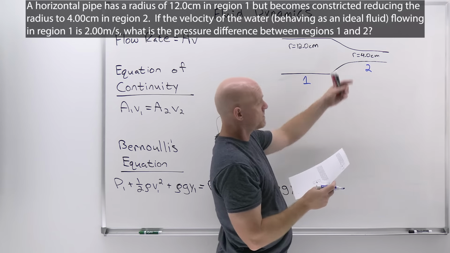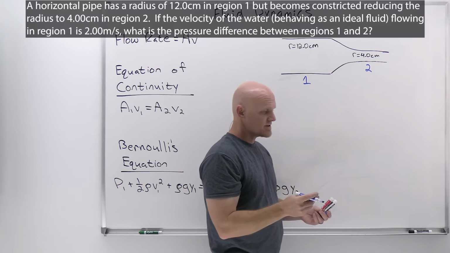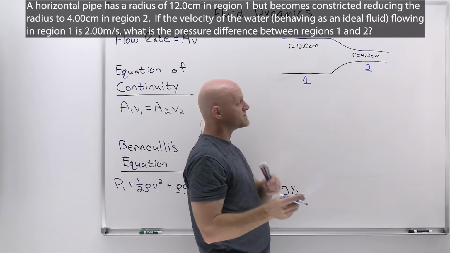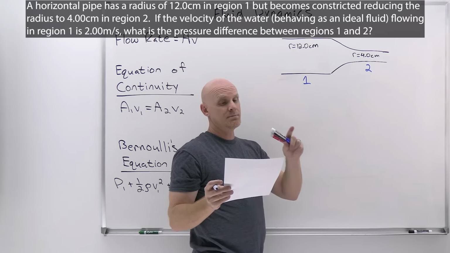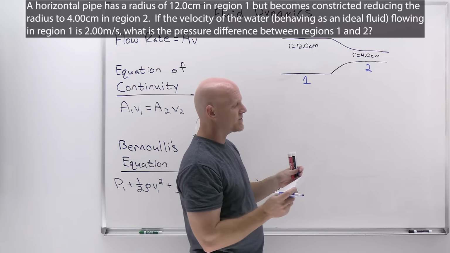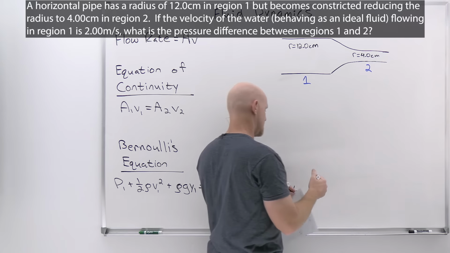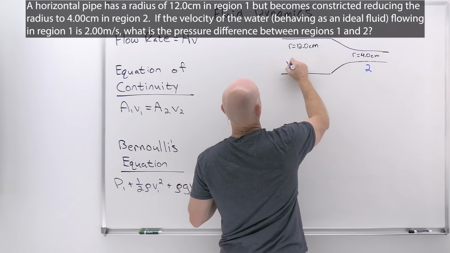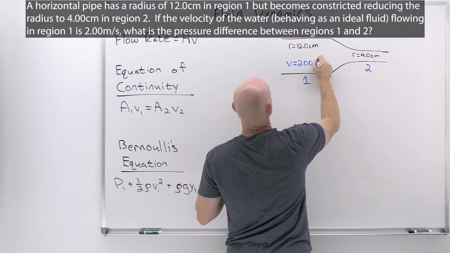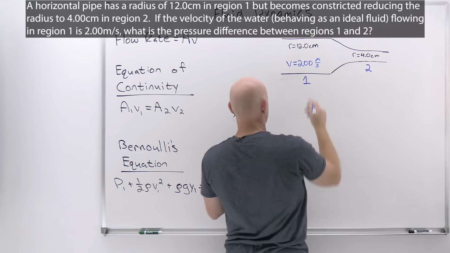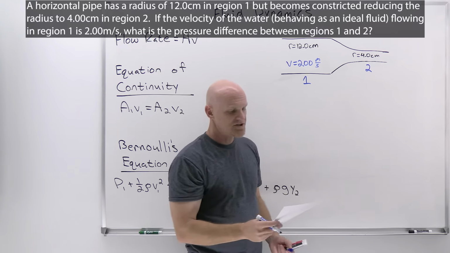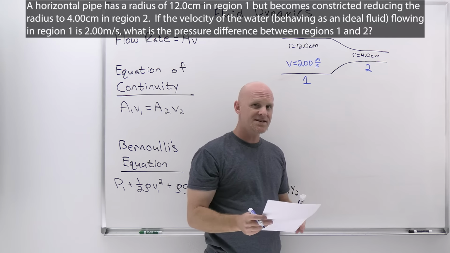And actually, I put 4.00 centimeters on this question. I wanted more sig figs, but if the velocity of the water, so now we're specifically talking about water, but behaving as an ideal fluid, flowing in region 1 is 2.00 meters per second. Oh, I guess I made it 2.00 meters per second. Question is, what is the pressure difference between regions 1 and 2?